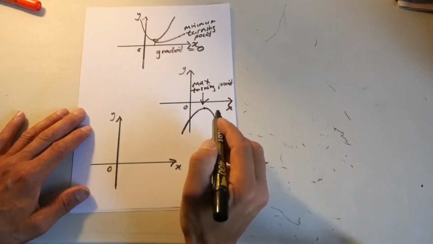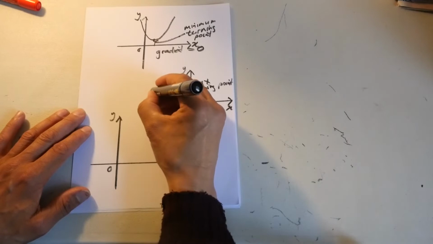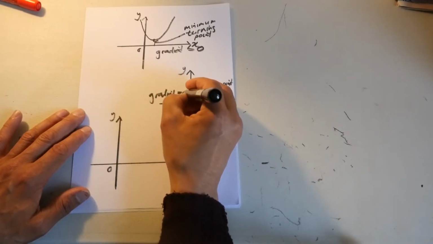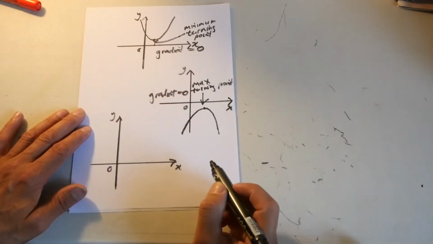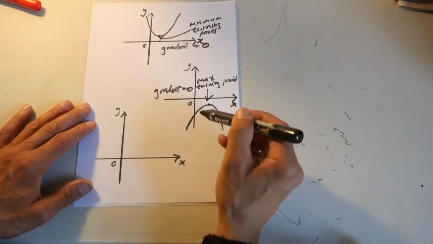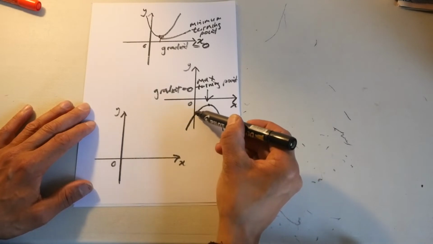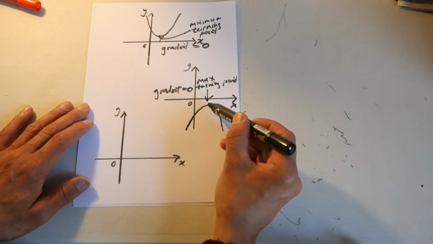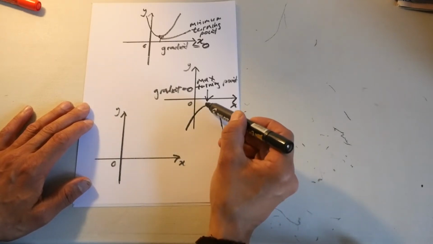Okay, and the gradient again there is equal to 0. Okay, so as you go up the curve, it gets to a maximum point in the curve with the turning, and then the turning goes downhill, okay? That's the maximum turning point.